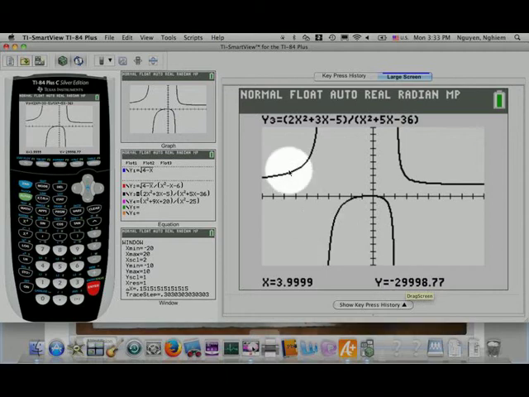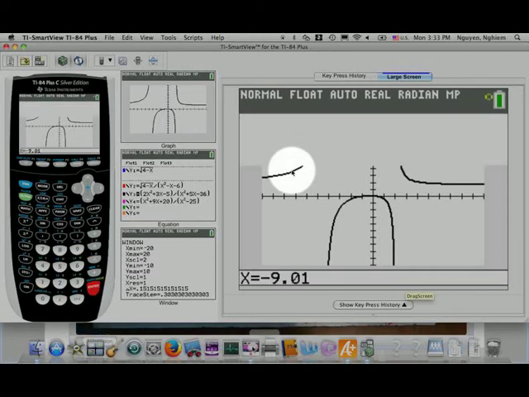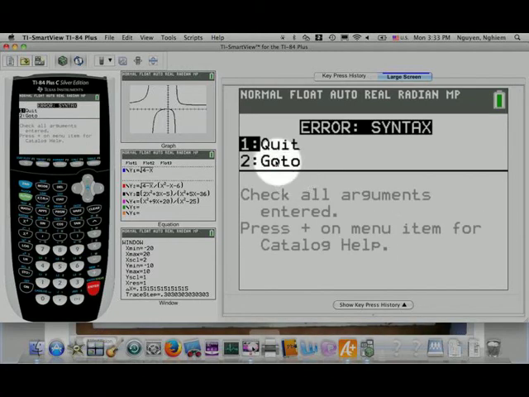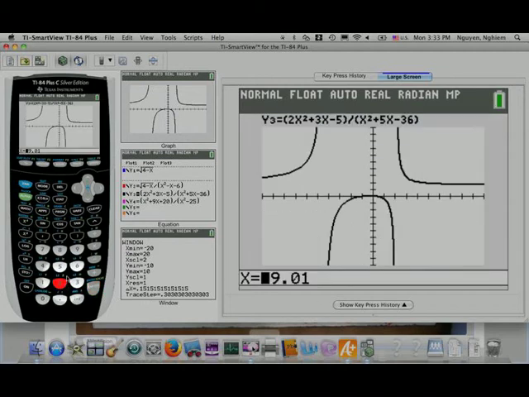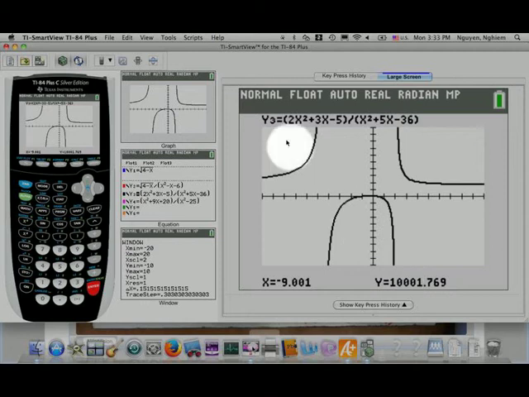Let's try one more time with -9. So let's try going from the left to -9. So let's say -9.01. Whoops, I may have typed something wrong. -9.01. There we go. How about -9.001? And you can see the y values are just growing at a crazy pace right here. Let's try one more.